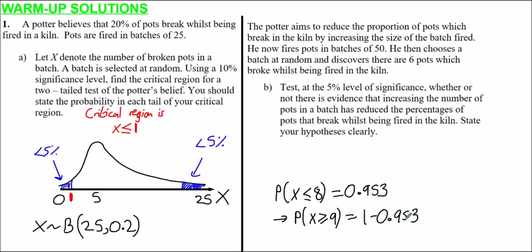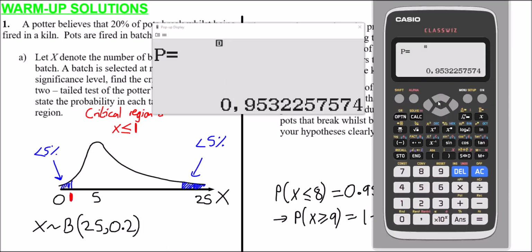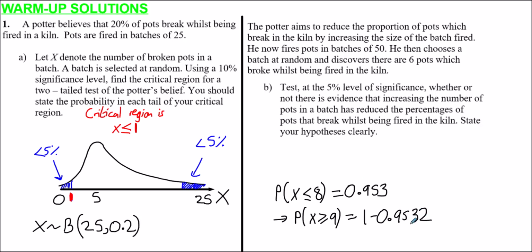In fact, maybe I can go a bit more accurate with this. It's not 0.953, I can say 0.9532. And that gives 0.0468 to 3 significant figures.